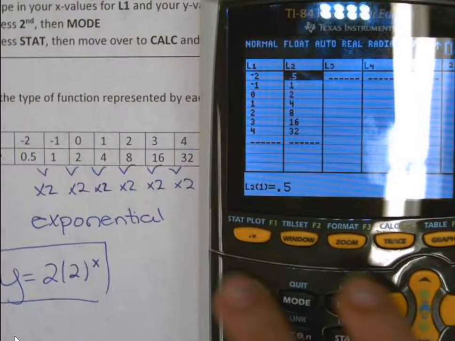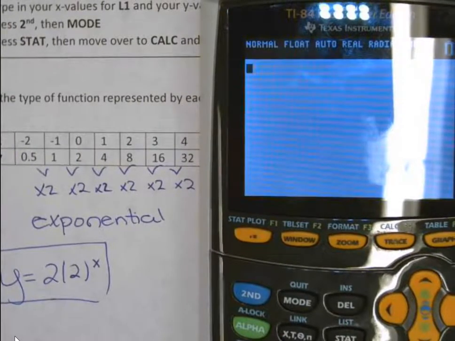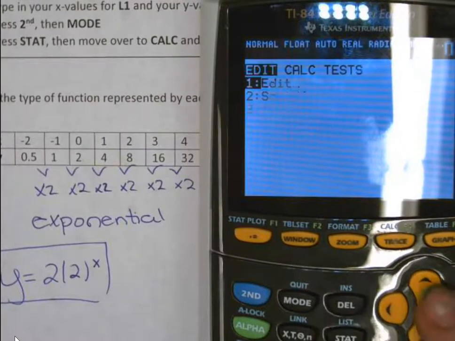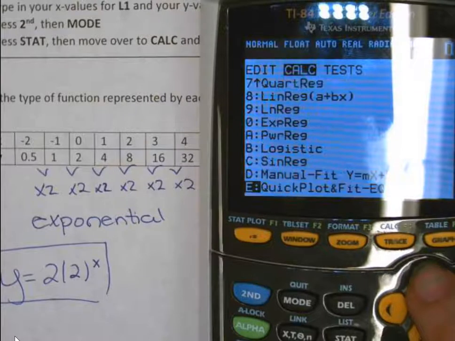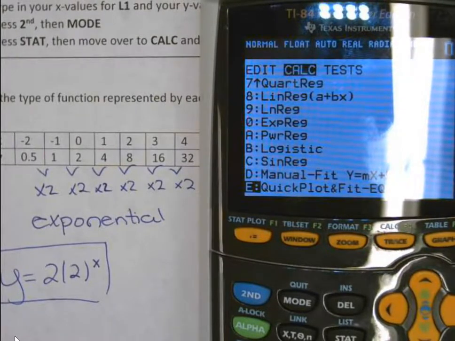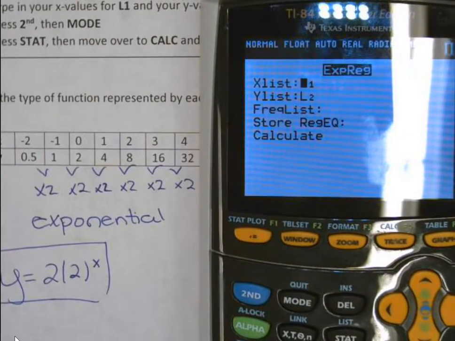You go second mode, that takes you to your home screen. And then I press stat again, and I go to calc. This time I scroll down to 0, which is EXPREG. EXP stands for exponential.